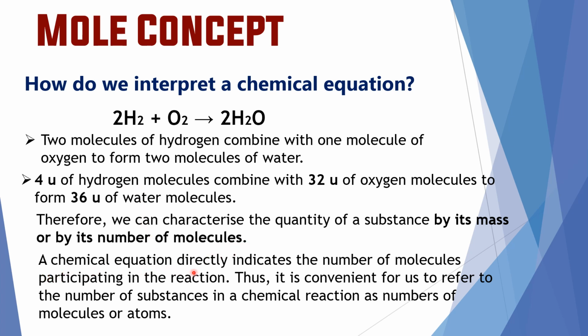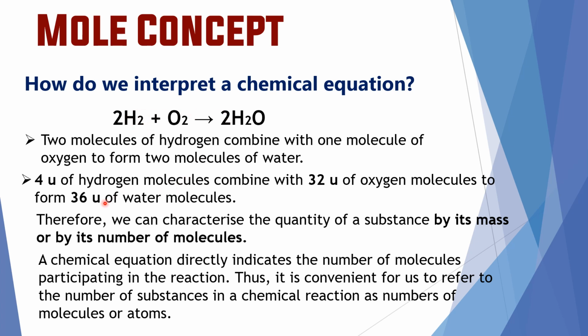A chemical equation directly indicates the number of molecules participating in the reaction. By looking at this equation, it is very clear: 2 molecules of hydrogen, 1 molecule of oxygen, and we get 2 molecules of water. It is directly given, but mass is not given here. We must already know the mass of hydrogen and of oxygen, and only then can we calculate the mass, this 36.